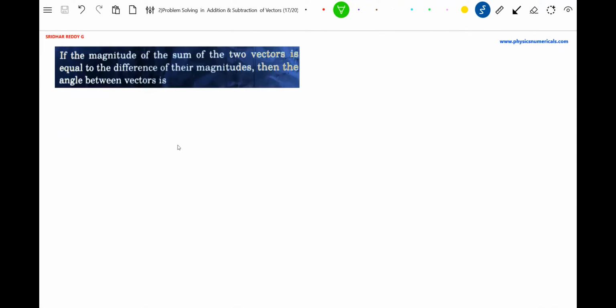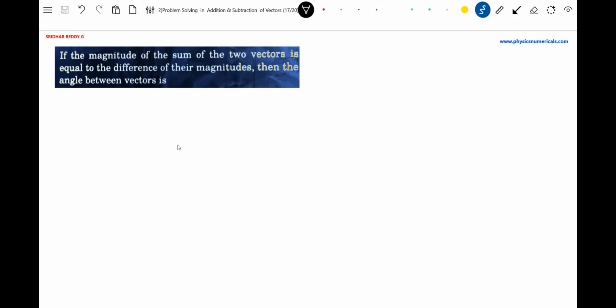If the magnitude of sum of two vectors is equal to the difference of their magnitudes, then the angle between the vectors is, okay, I think we have to read the question. This is something with the magnitude of sum of the two vectors.